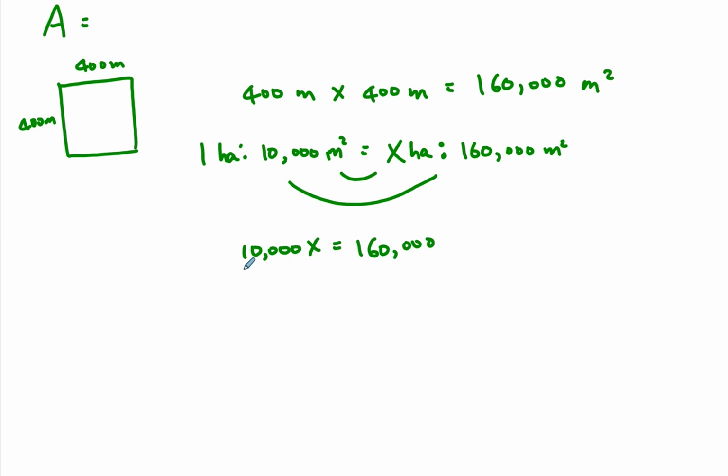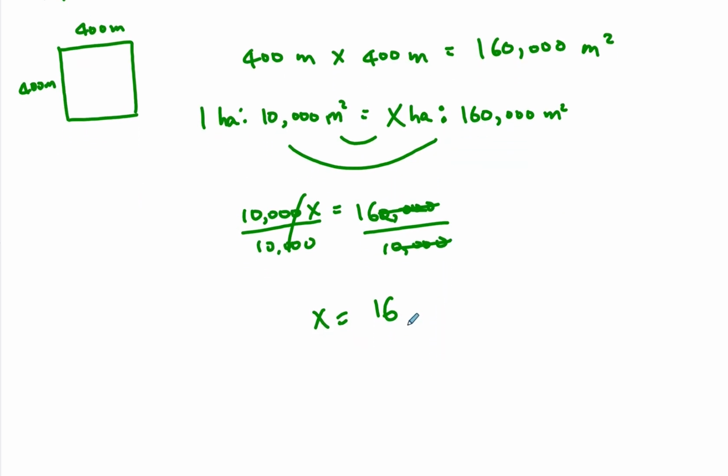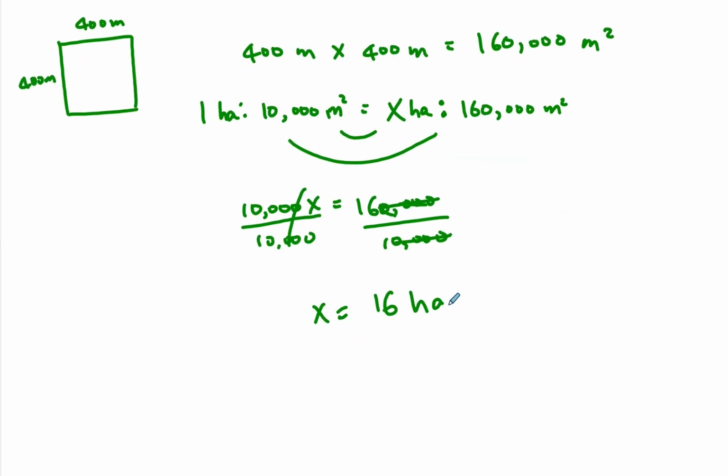Okay, and then divide both sides by 10,000 to solve for x. So x is, all 4 zeros are gone, and x is 16. What is our unit? X is our hectare, so it will be 16 hectare.